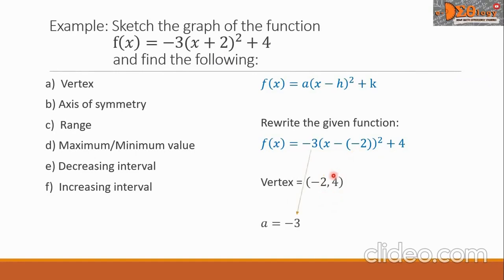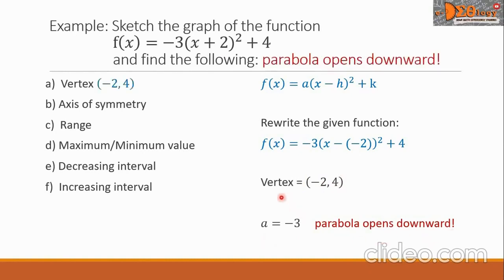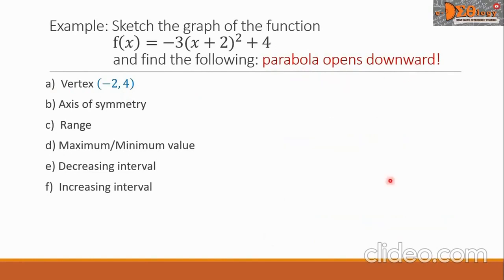And then this negative 3 is the a. And since our a here is negative, it means the parabola opens downward. So let us copy the vertex opposite this letter A, and we will take note that the parabola opens downward here. Then let us clear the right side of the screen.